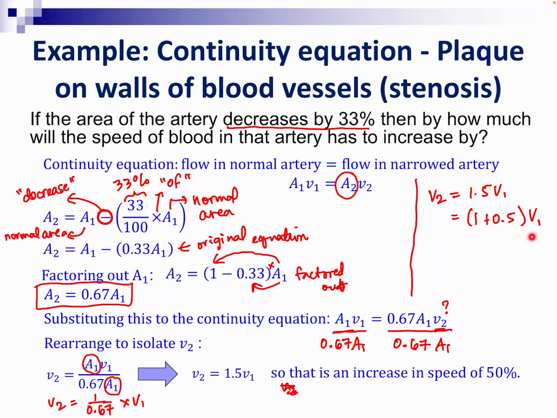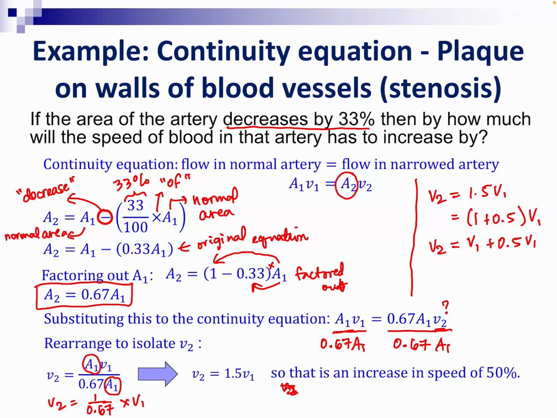So you have this factored form, which you can distribute V1 to each term. So you have V1 plus 0.5 V1. So you can see there that 1.5 times V1 is equivalent to a 50% increase because you have V1 plus 50% of V1, right? And that's why 1.5 is equal to a 50% increase. Cool. All right. Good.